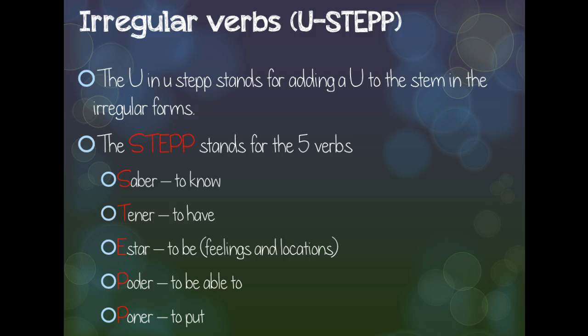We have the verb saber, which is to know. Keep in mind there are 2 different verbs that mean to know. This one is to know how to or to know a fact. Tener, to have. Estar, to be. Again, there are 2 ways to say to be. This one applies to feelings and locations. Poder is to be able to. And then poner is to put.